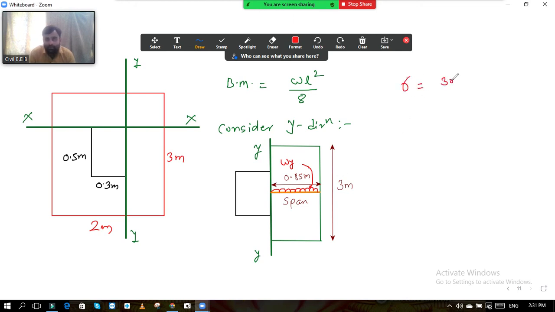What is the value of sigma? It is 300 kilonewton per meter square. In this whole part the intensity is 300 kilonewton per meter square, the soil pressure. But we want the UDL on this length, which is 3 meter.